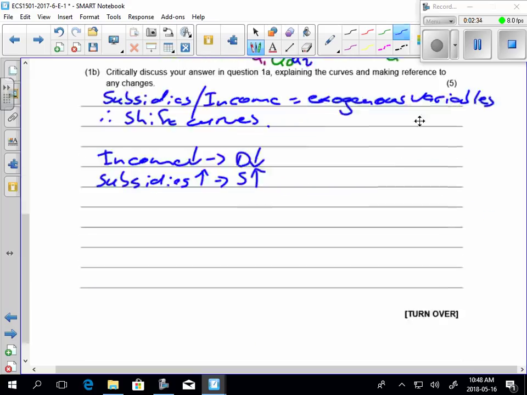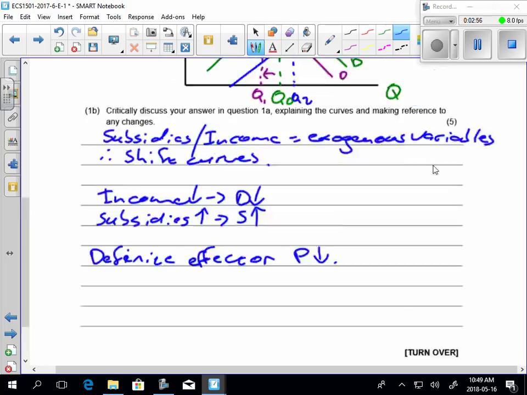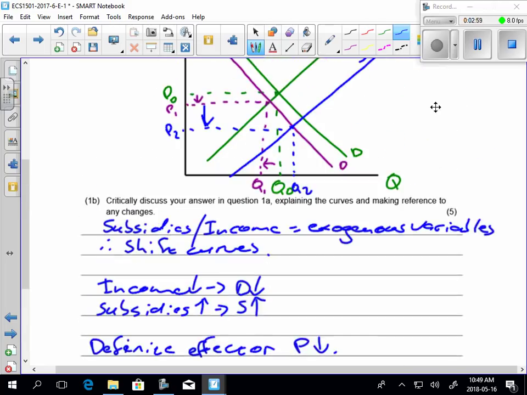All right, so with a decrease in demand and an increase in supply, you will have a definite effect on price, which is a decrease. And now, obviously, because they've told you that the subsidies is larger than the effect of the decrease in income, we can again say that there is a definite effect on quantity, which is an increase.